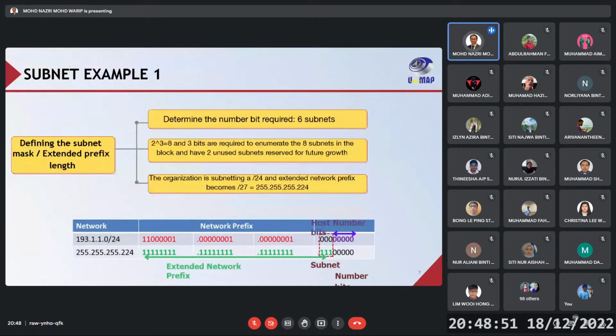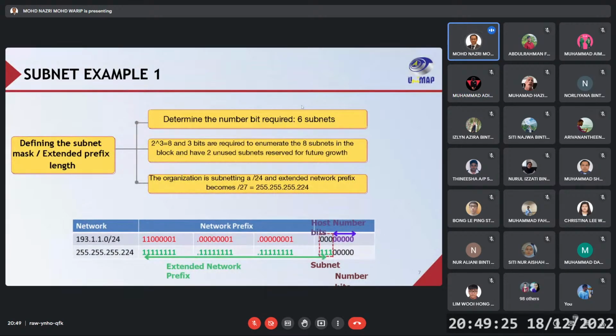So the next is 2 power 3, which is 8. That means you require 3 bits here. So 3 bits are required to enumerate 8 subnets in the block, and have 2 unused subnets reserved for future growth.